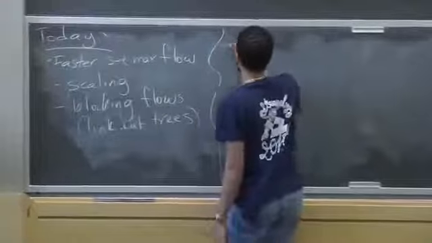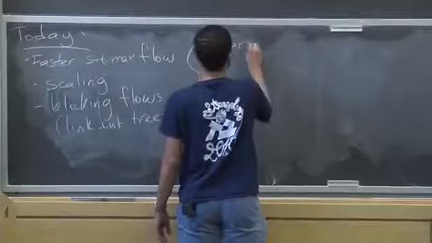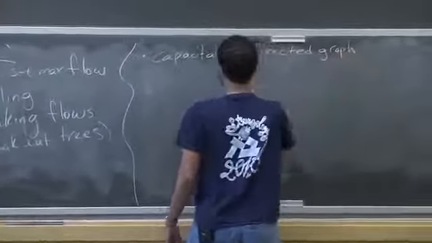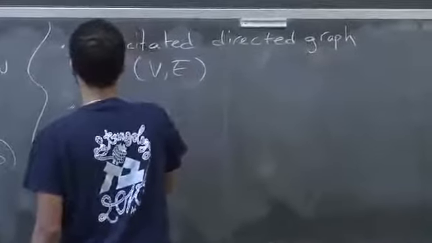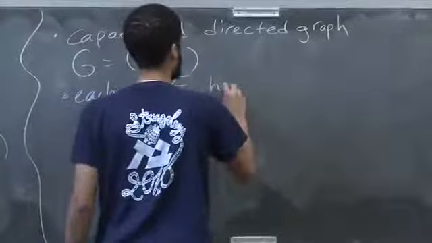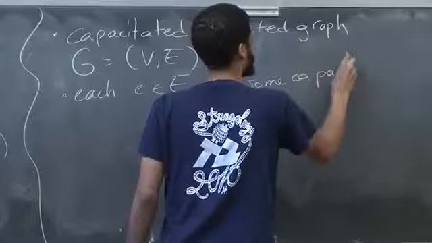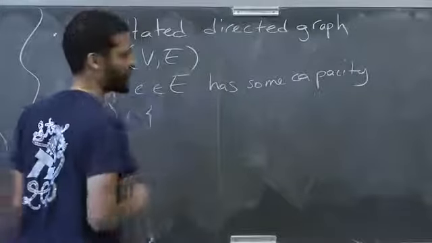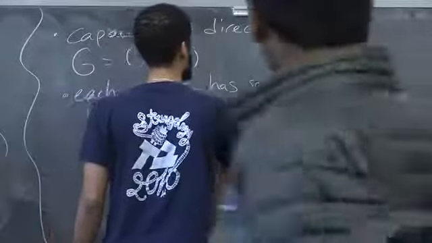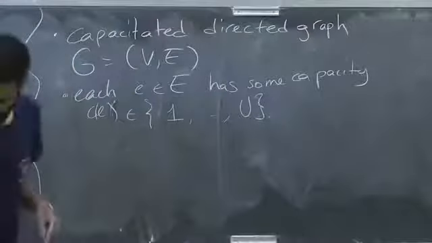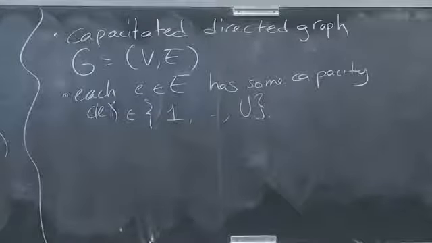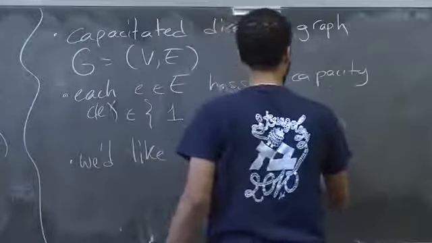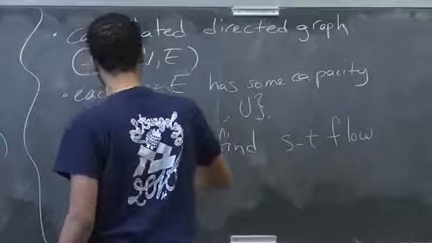But the basic idea of last time was: we have a capacitated directed graph G, which is V, E, and each edge e in E has some capacity c_e, which I'm imagining is an integer in the range from 1 up to U. And we'd like to find an s-t flow of max value.